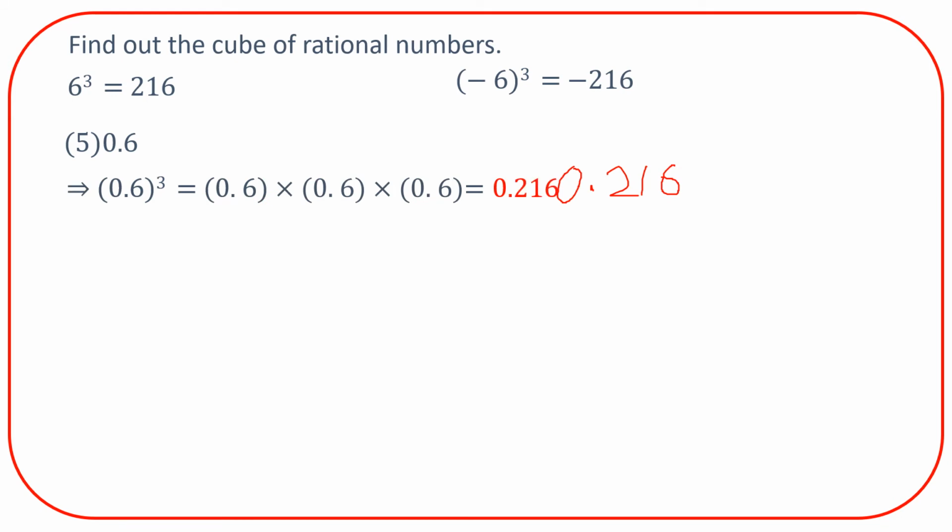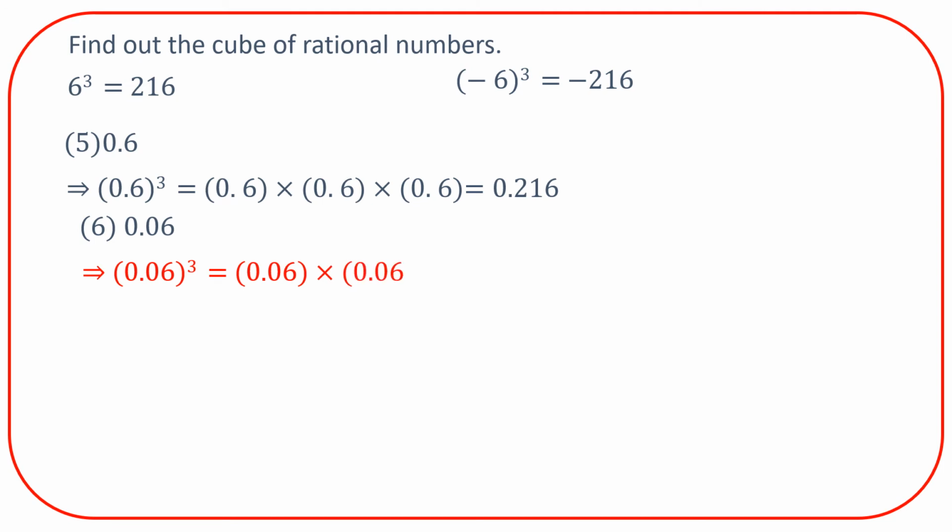Next example, 0.06. 0.06 bracket cube is equal to 0.06 into 0.06 into 0.06.